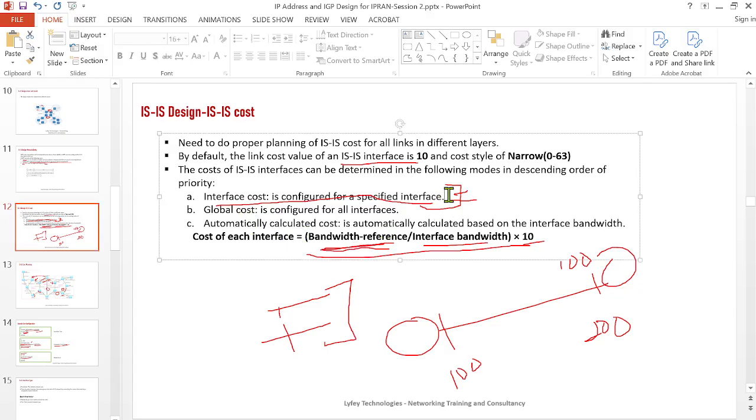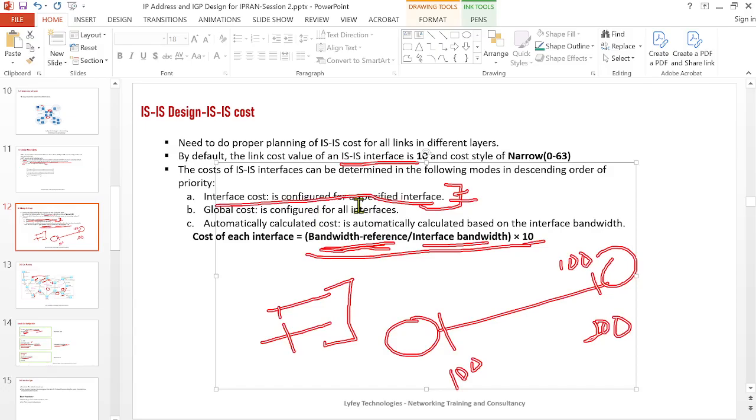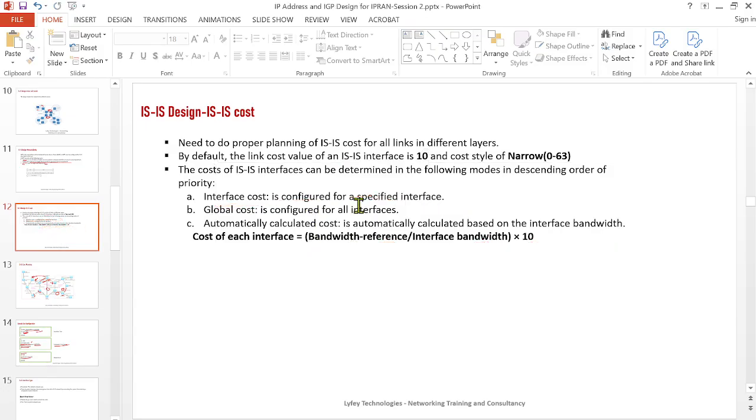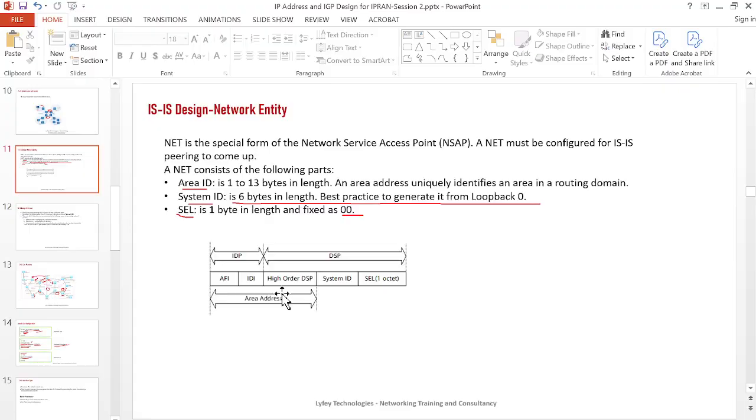Many times we recommend manually configuring the cost so that you know what is configured, and it's very easy to know the costs between the different nodes, instead of using the bandwidth reference, because someone may not be able to know the cost. So that's why we end up recommending manual cost configuration on the interfaces. Thank you, Theo, for the addition.